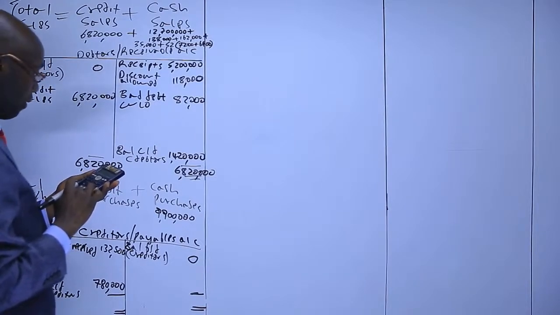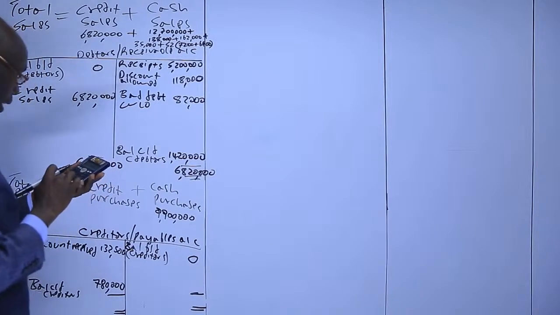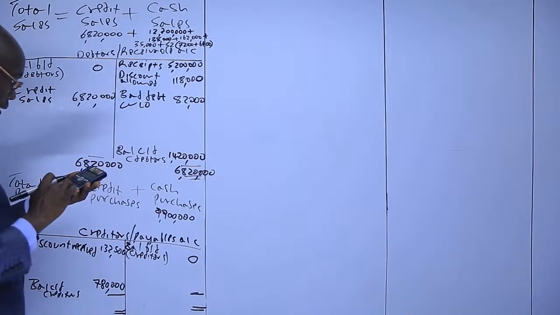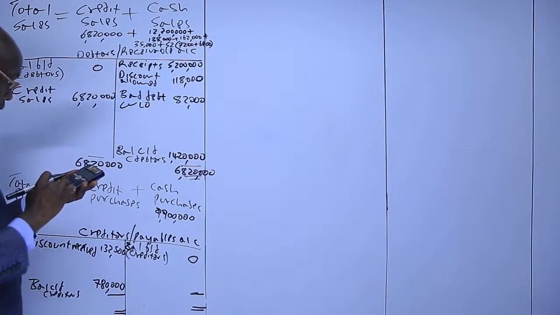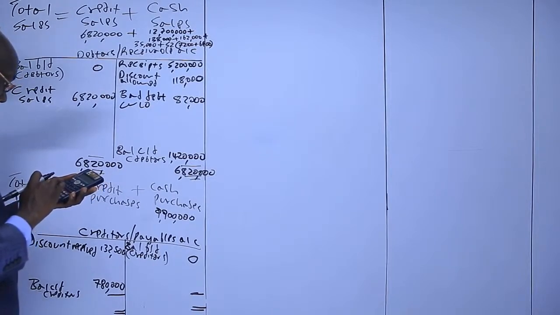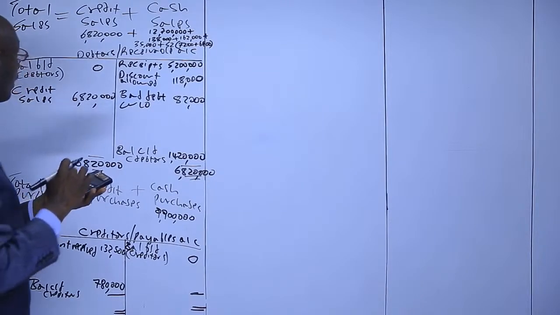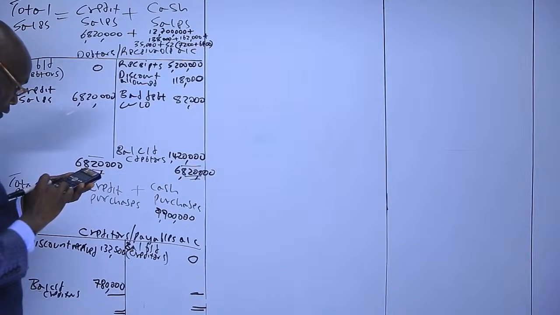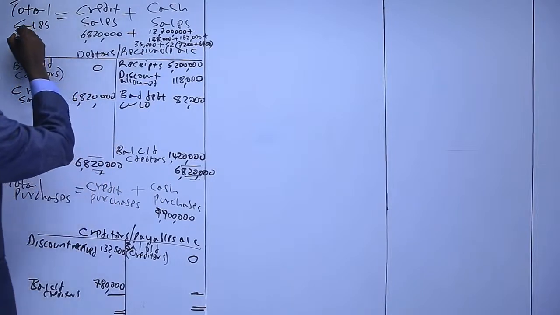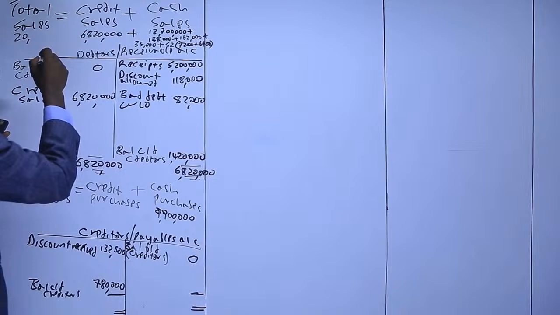That becomes 707,200 plus 35,000 plus 162,000 plus 138,000 plus 700,000. Then now we add this one plus 6820,000, 6820,000, giving us 20,200,200.